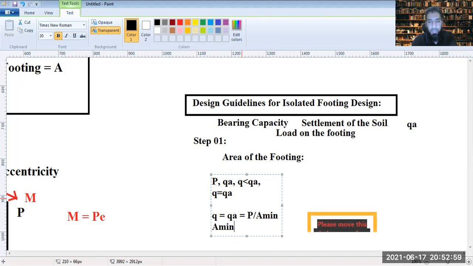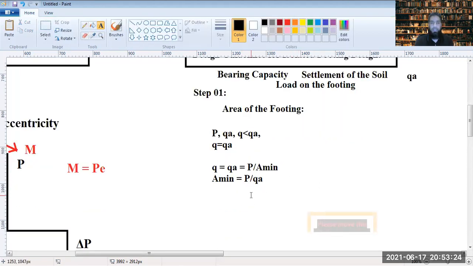So A minimum is then P by q, or QA. Your A minimum is P by QA, and that is the minimum area of the isolated footing. Clear?